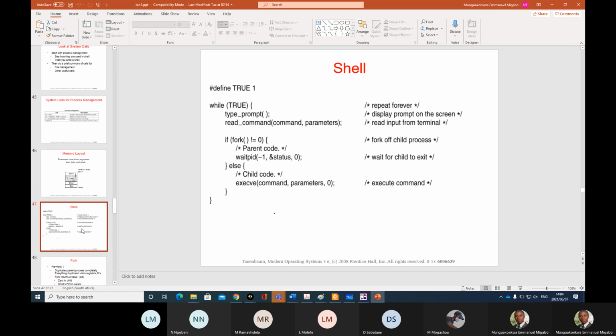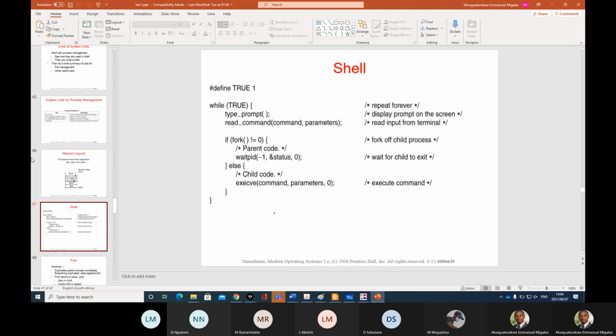And while true, it says type prompt, and type prompt simply means display a prompt on the screen. So it's a way to prompt the user to input something. Then the user obviously will have to type in a command. Then the next instruction is read command, which reads the command together with its parameters. Then we check if fork, right?